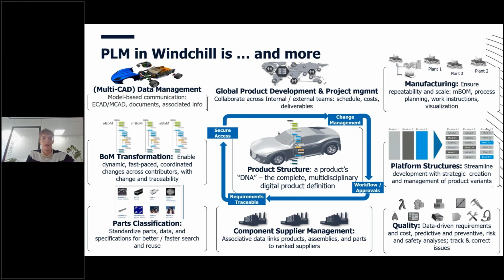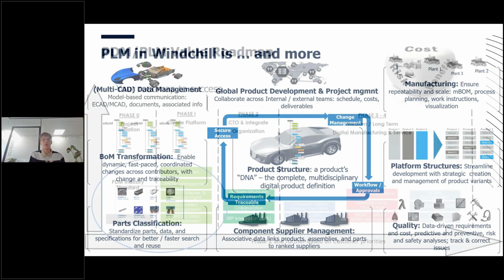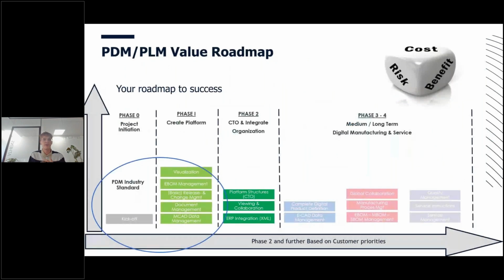A typical roadmap of Windchill looks as follows, where you really start in all types of roadmaps with the PDM. So PDM is your phase 0 and phase 1 to create a platform and get the basic functionality. And then in phase 2, 3, and 4, you can grow into different ways, but this really is based on the customer priorities.